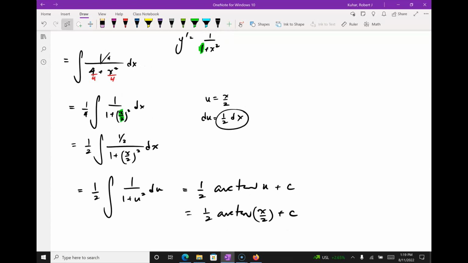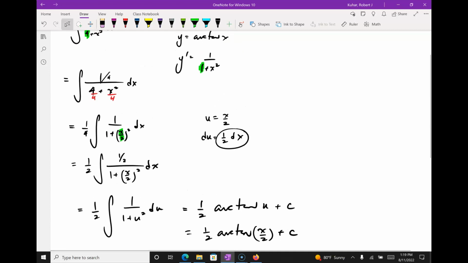Exactly. We all agree 1/2 times 1/2 is 1/4, and I needed a half. I certainly could have just done this, and I'll do it this way here. I'll say, well, I need a 1/2 here, so I need a 2 here.